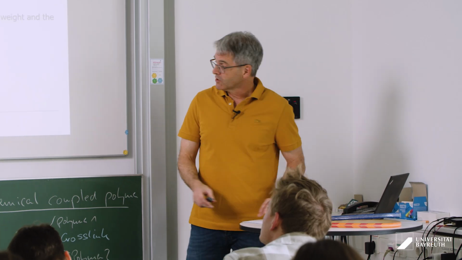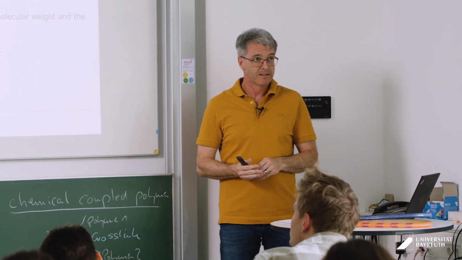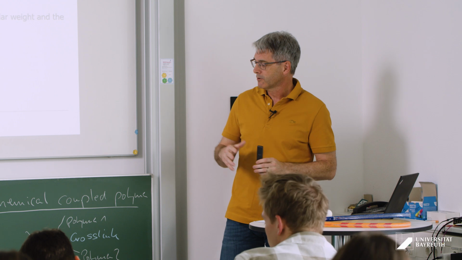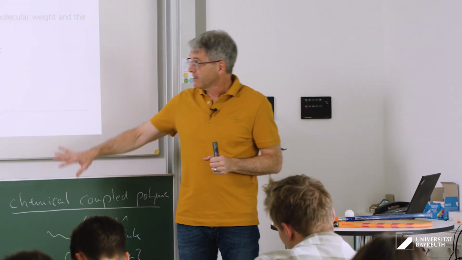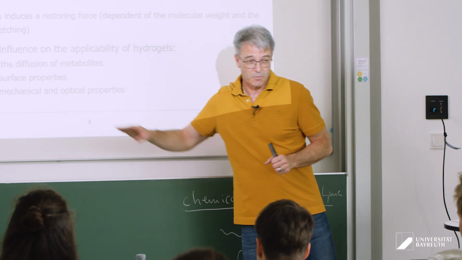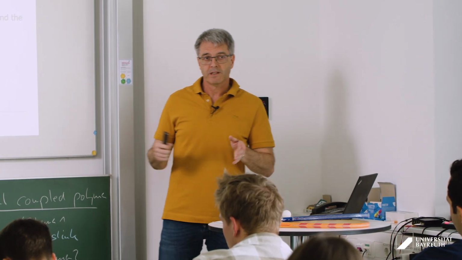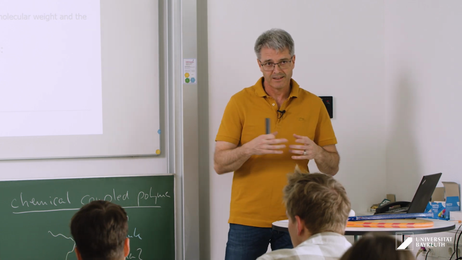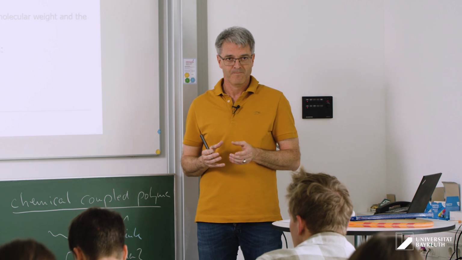All right, so if we consider polymers and hydrogels inside a human body, we not only have to take care of the mechanical properties, the optical properties, and the surface properties, we also have to take care of the durability. So how long can the polymers withstand the body environment?